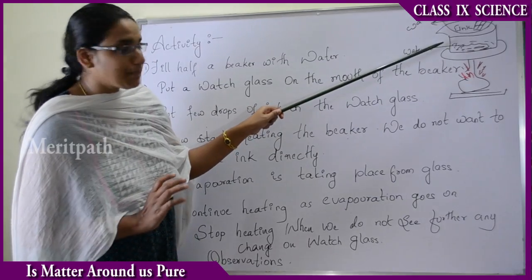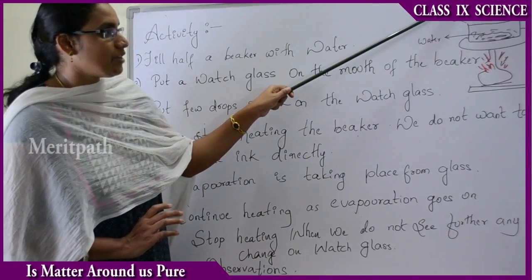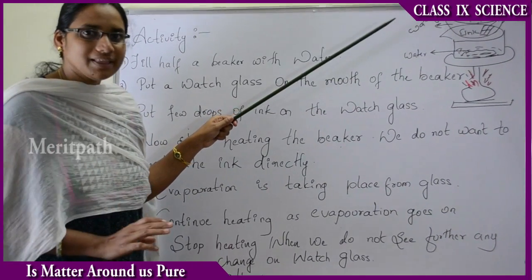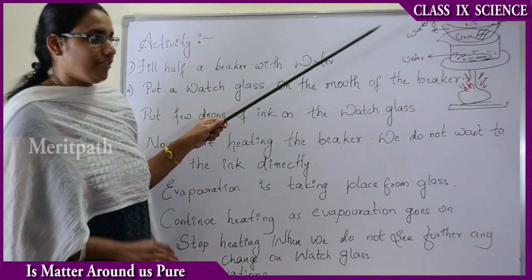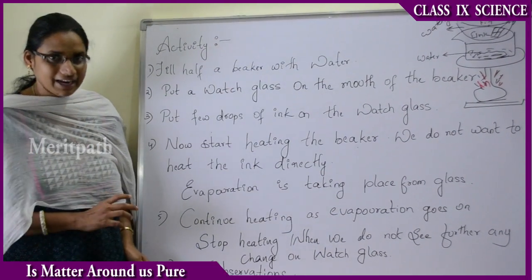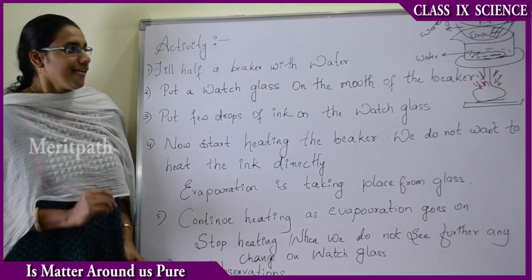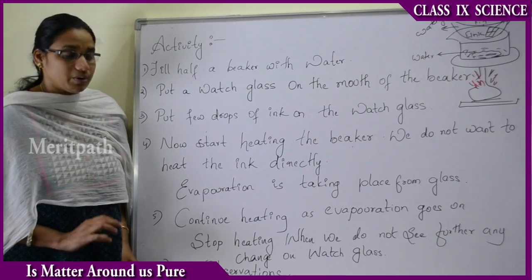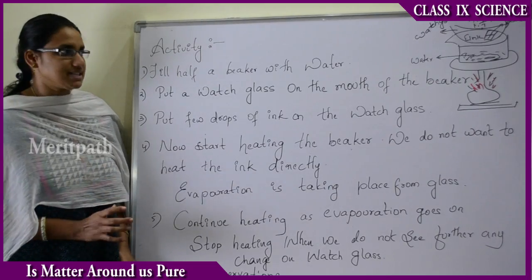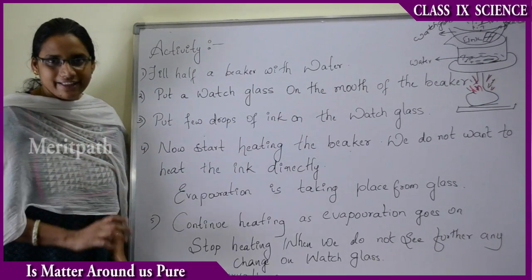After a certain period of time, there will be no change on the watch glass. So we stop the activity and record the observations of what we have seen. The first thing we note down is that it is done through the evaporation process. Here we are not directly heating the ink.